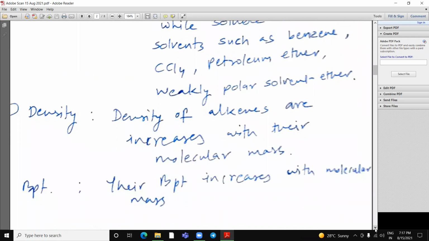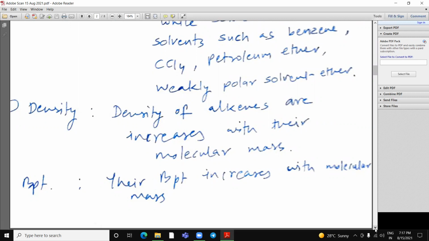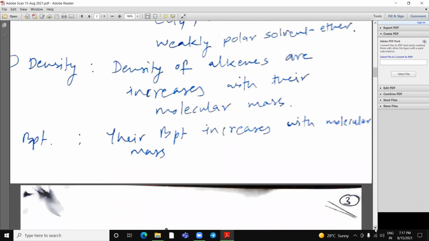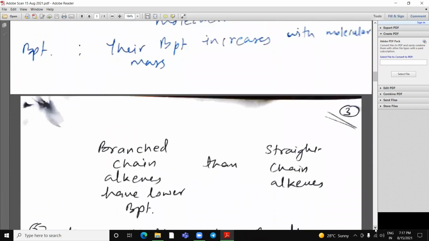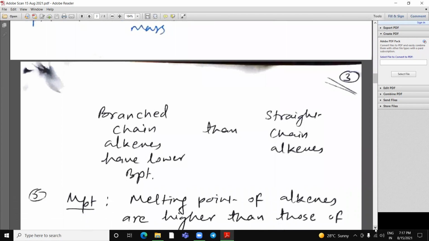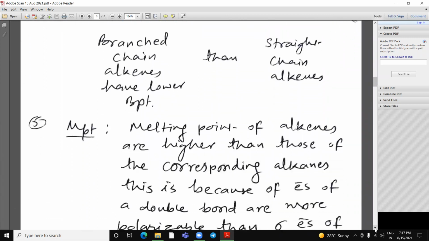Density of alkenes increases with their molecular mass. Their boiling point increases with molecular mass. Branched chain alkenes have lower boiling point than straight chain alkenes.